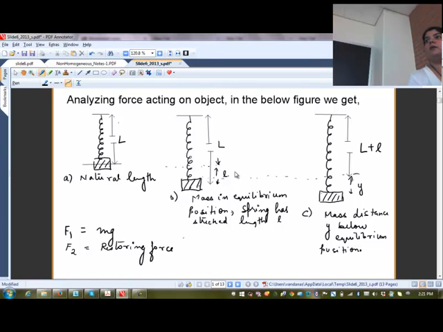If mg is positive, then we call that negative, since it is in the opposite direction. But in the equilibrium state, mg will be balancing kl in this state B. So k is nothing but mg over l. So k is the spring constant here, and which law tells us that these forces balance each other?